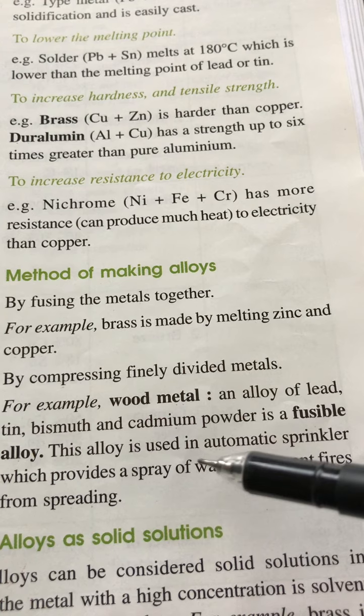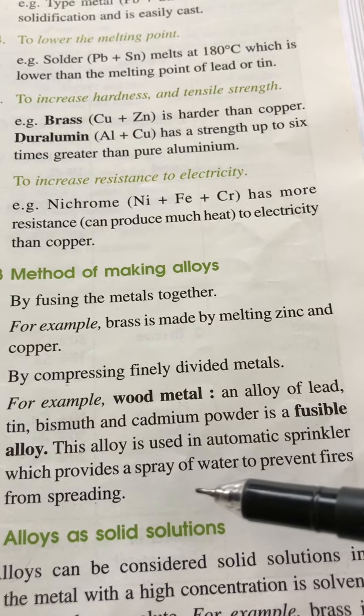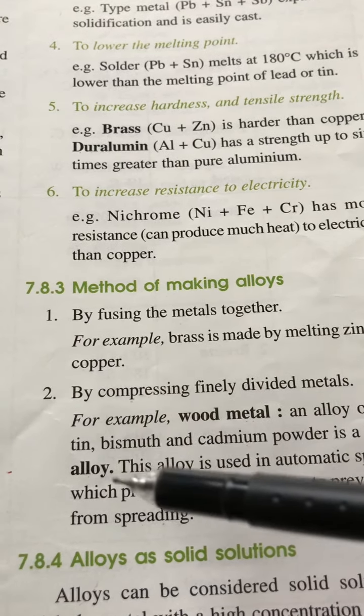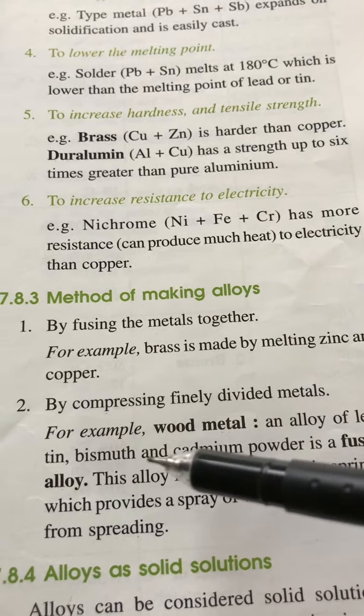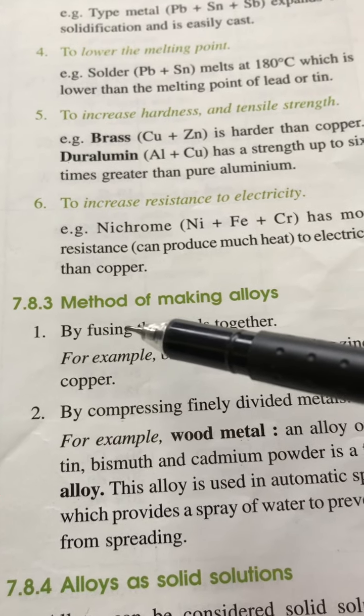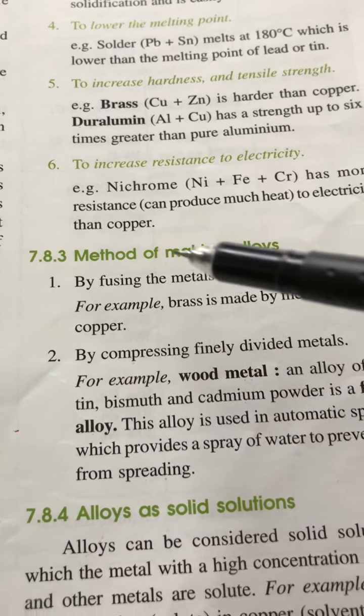This alloy is used in automatic sprinklers, which provide a spray of water to prevent fires from spreading. That is, one by compressing and another by fusing, are the methods of making alloys.